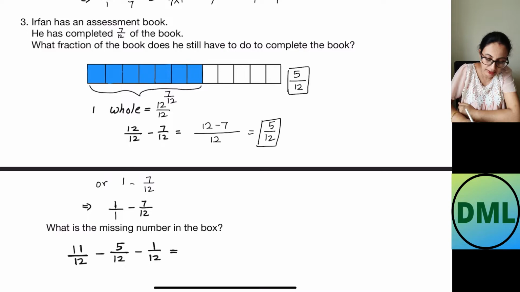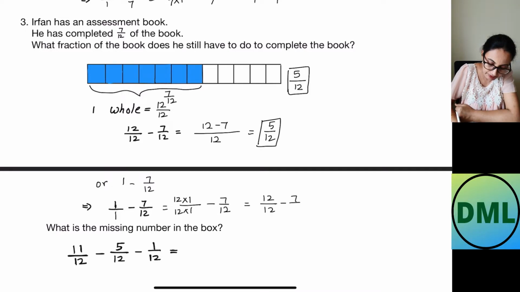I have to make this 1 as 12. I have to multiply 1 by 12 to make the denominator 12. Minus 7 by 12. It will be written as 12 by 12 minus 7 by 12, which is the same as what we solved earlier to get the answer 5 by 12.